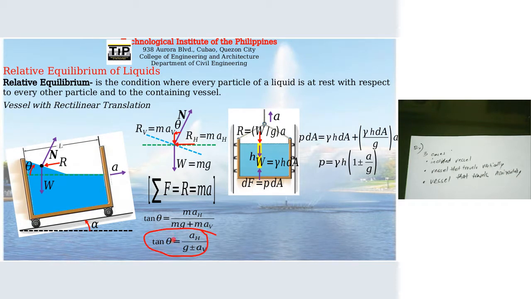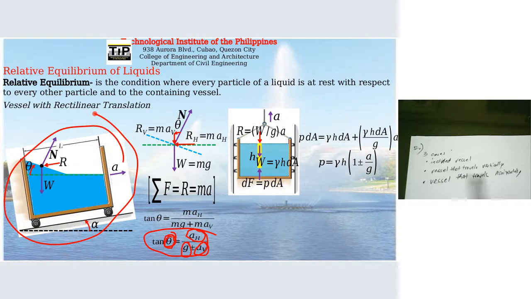So para ma-determine natin yung angle of inclination, we have to divide the horizontal component of the acceleration by the sum or difference ng gravitational acceleration at vertical component ng acceleration. So that's how we can determine this angle of inclination for inclined vessels.